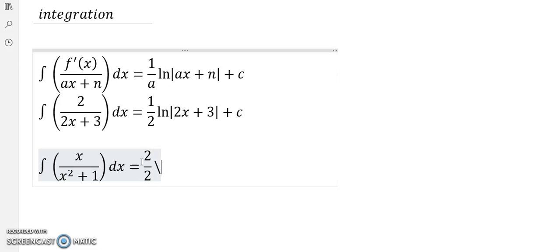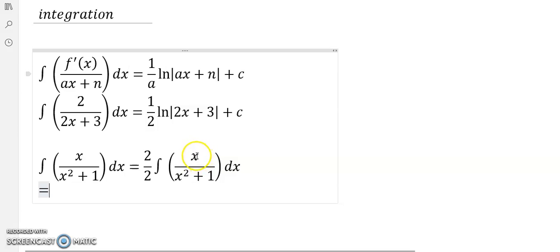So we got the integral of x divided by x squared plus 1 dx, which can be written as, because we want to make the numerator to be 2x, so we're gonna take this 2 and place it here.